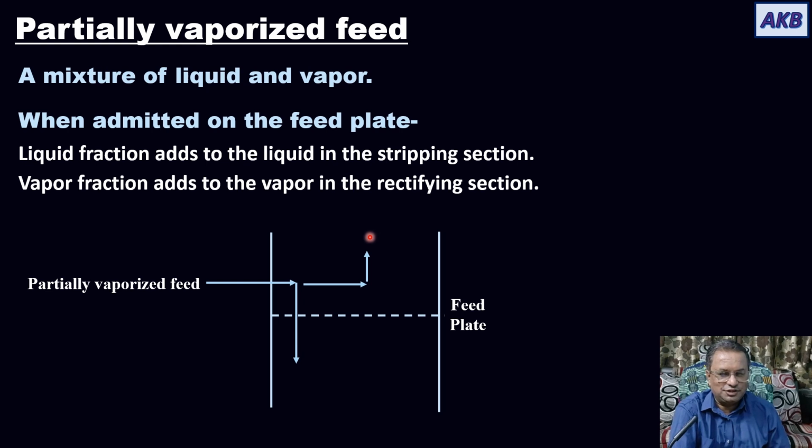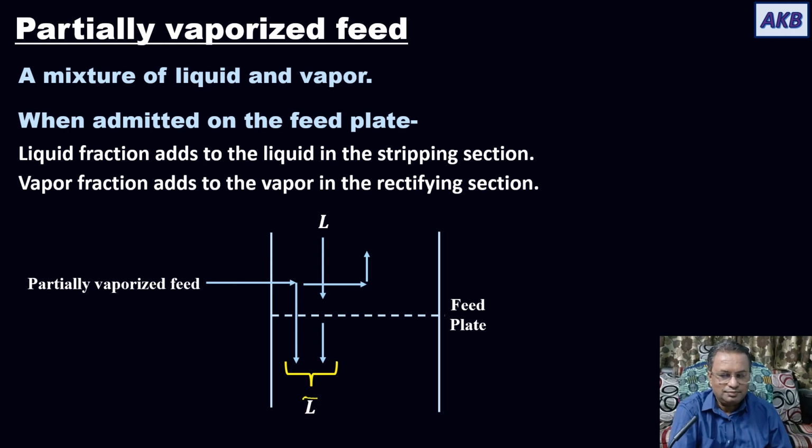The other things, as usual: liquid will be coming from the rectifying section and then moving to the stripping section. The liquid in the stripping section will be the addition of the liquid portion of the feed and the liquid coming from the rectifying section, and this is L bar.